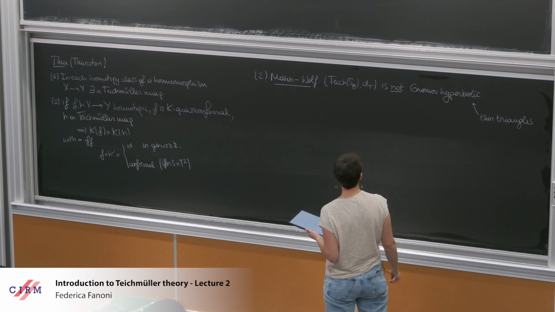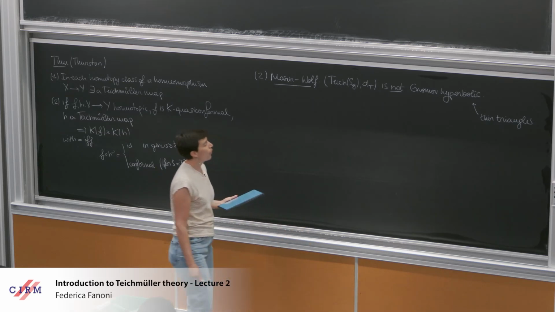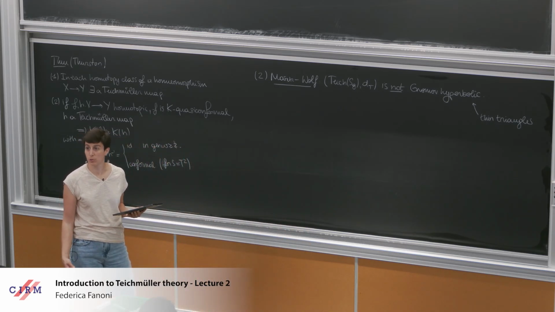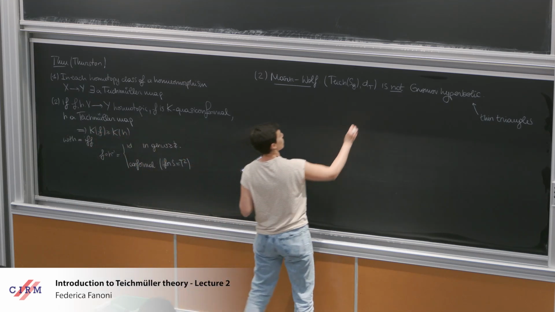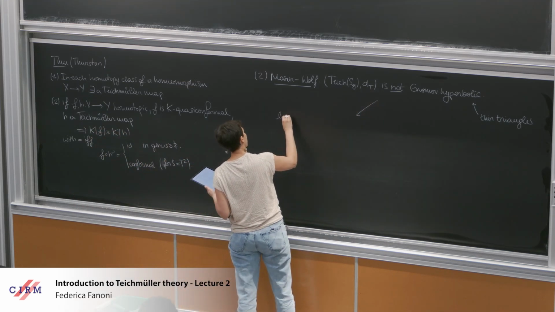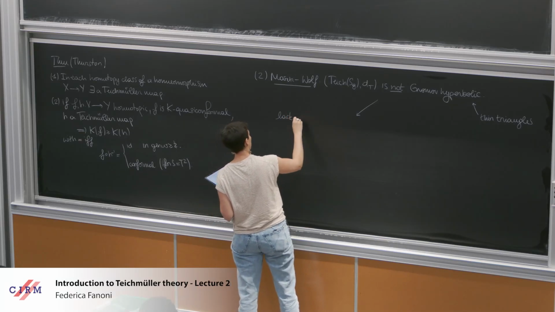And Minsky can tell you where this fails, what is this obstruction to hyperbolicity. So the lack of hyperbolicity is in the thin parts of Teichmüller space.